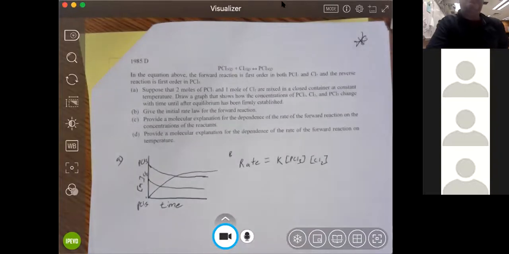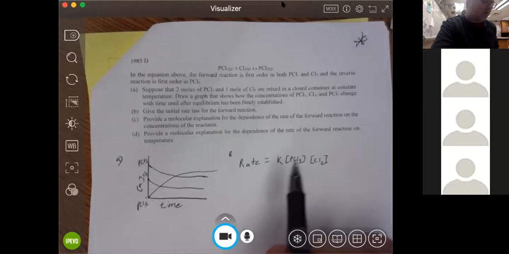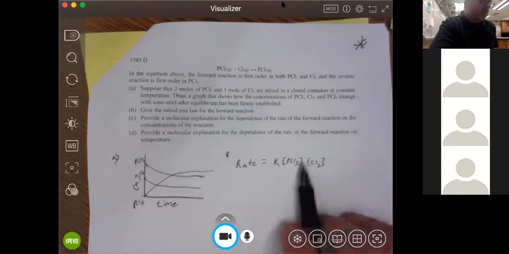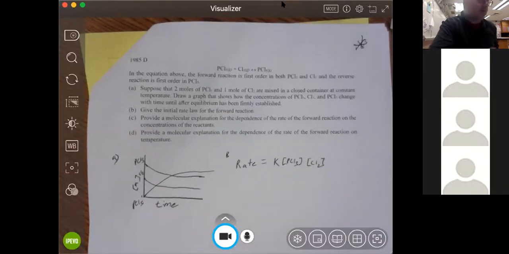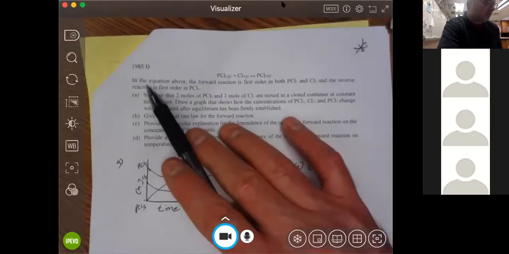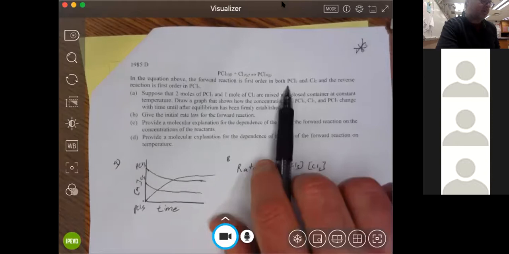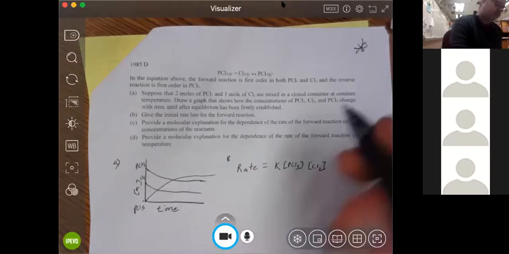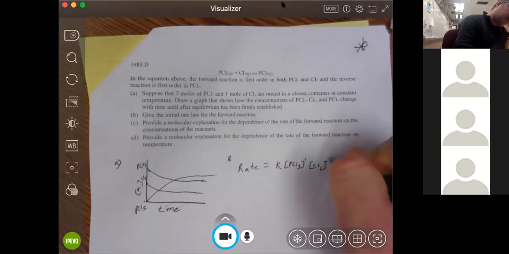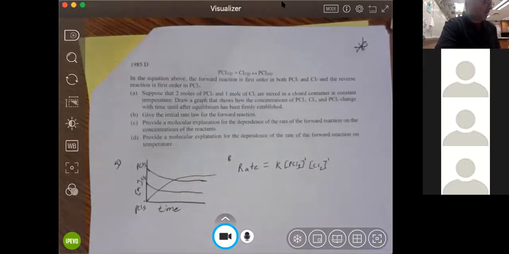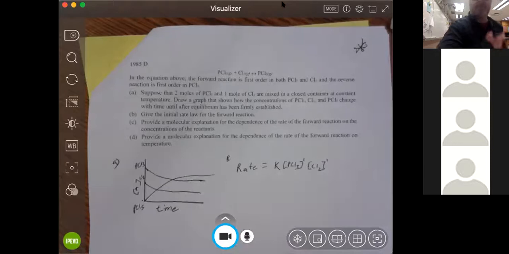They did not give us any data whatsoever to work with here, so how will we find those orders? Sometimes it's easier than you think, because the first line says the forward reaction is first order for PCl3 and Cl2. So those are first order. We wouldn't have to write those exponents because that inherently means first order.